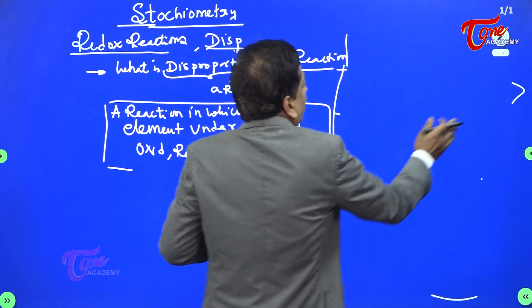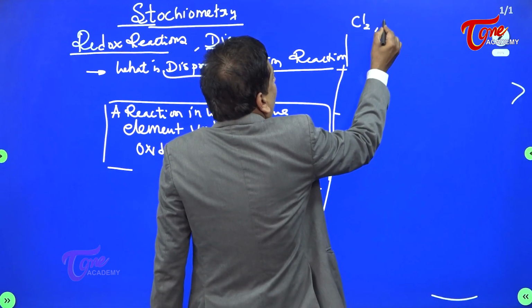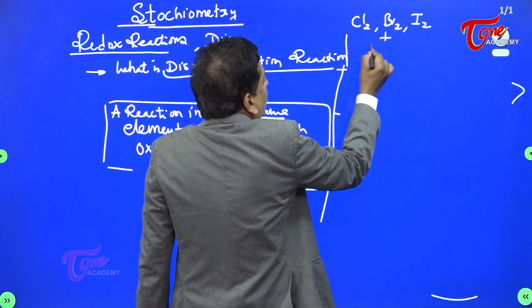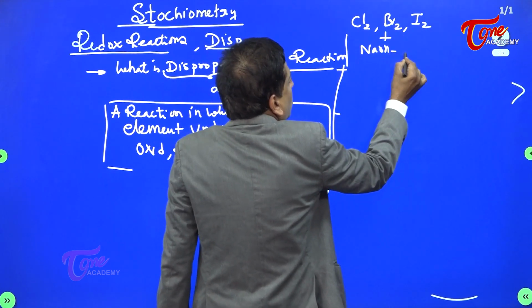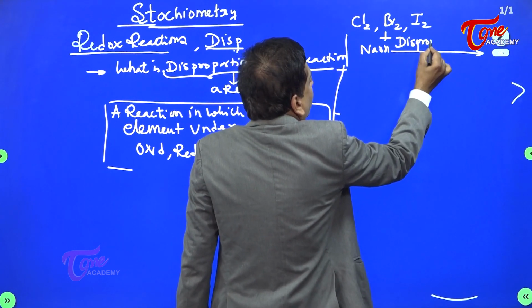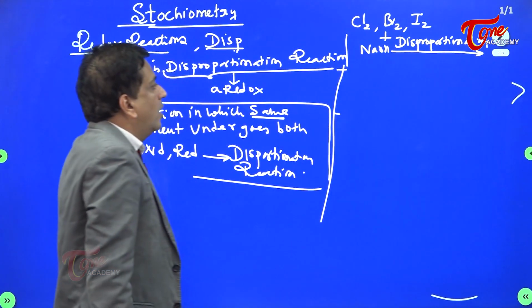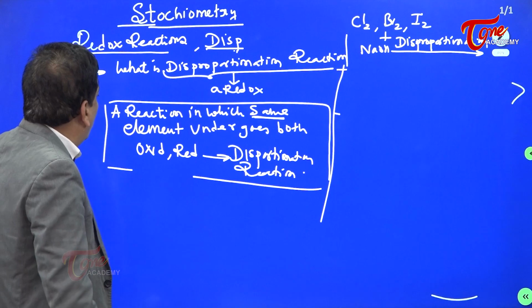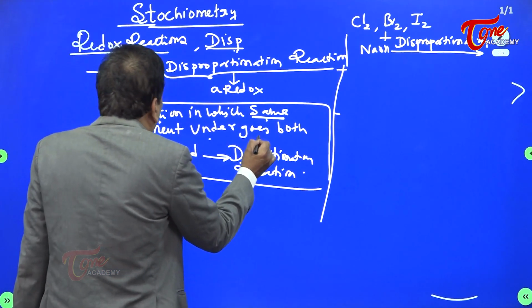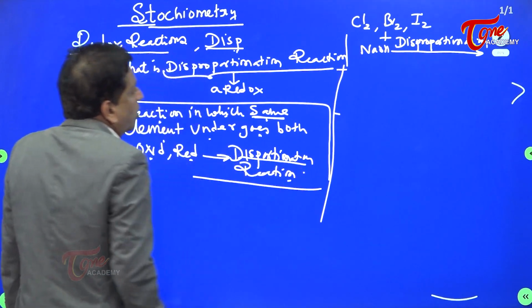As I said, chlorine, bromine, and iodine plus NaOH shall undergo disproportionation, you must understand. Now, what is disproportionation? A reaction in which the same element will undergo both oxidation as well as reduction is called a disproportionation reaction.